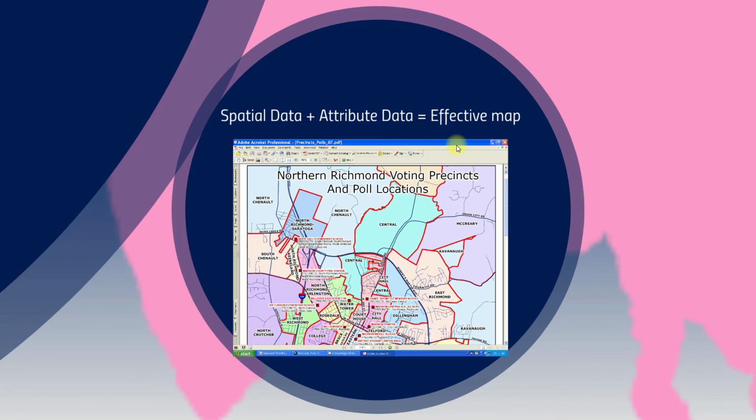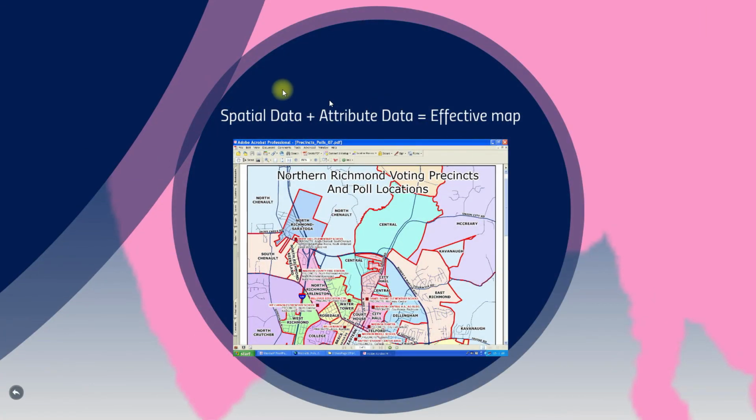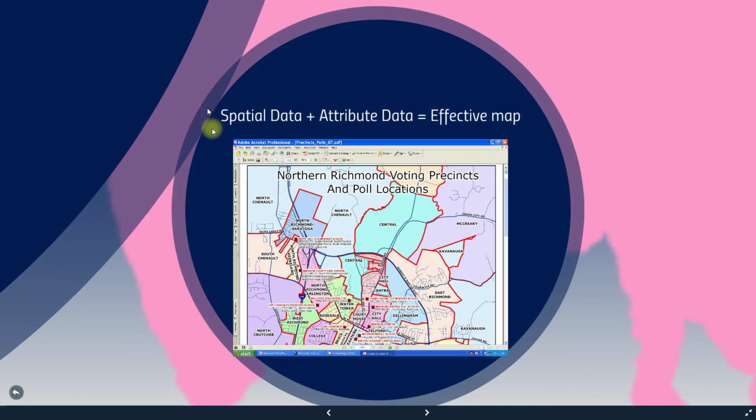So spatial data and attribute data, by these two things we will have an effective map.